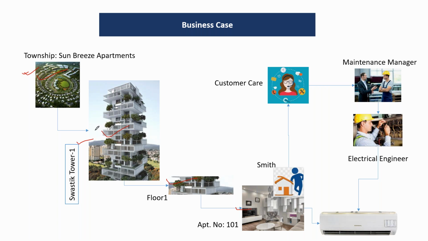Whenever we as a tenant face any issue with any equipment, or require maintenance in a particular location, we just need to inform the customer care of my facility provider.